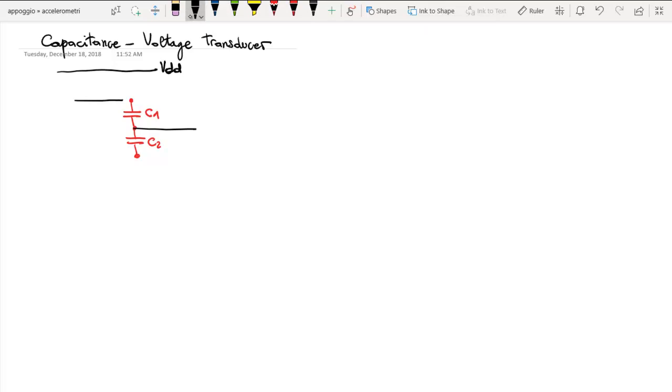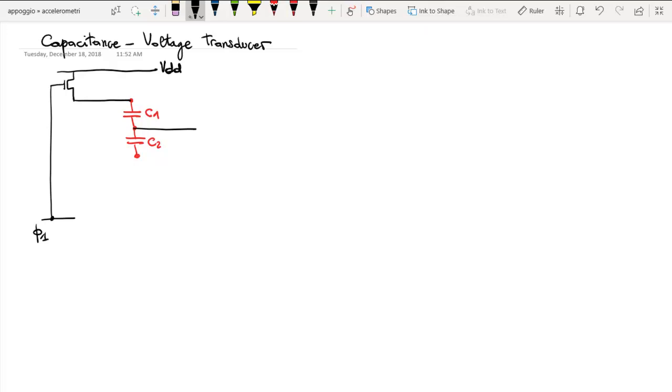It's a type of circuit that is called a switched capacitor circuit, because as you can see, we only have capacitances and transistors used as switches, such as in the case of digital logic, with the difference that we are now treating analog signals.